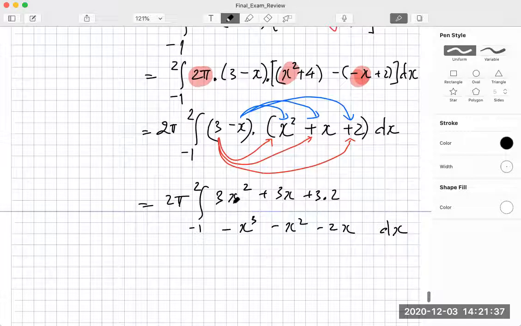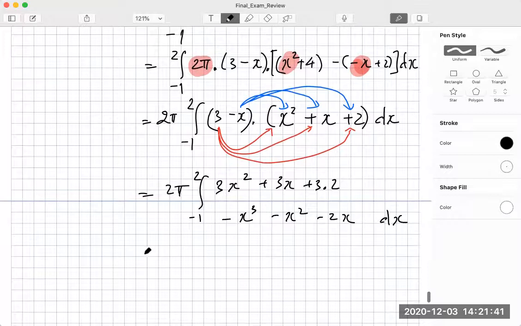I don't have room, so I write it this way, but you see it right. And finally, it becomes an easy one. Please double check it at home and see if you find the same result. 27 pi over 2.